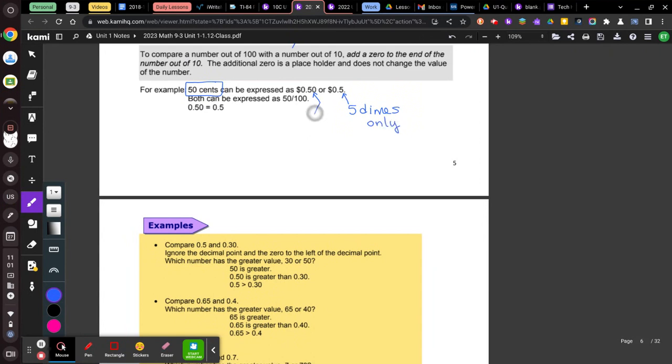This one is showing us the dimes and 0 pennies. But if you've got 0 pennies, you don't need the placeholder, so it can be written both ways. And this is an example of rounding. Pac-Man rounding.